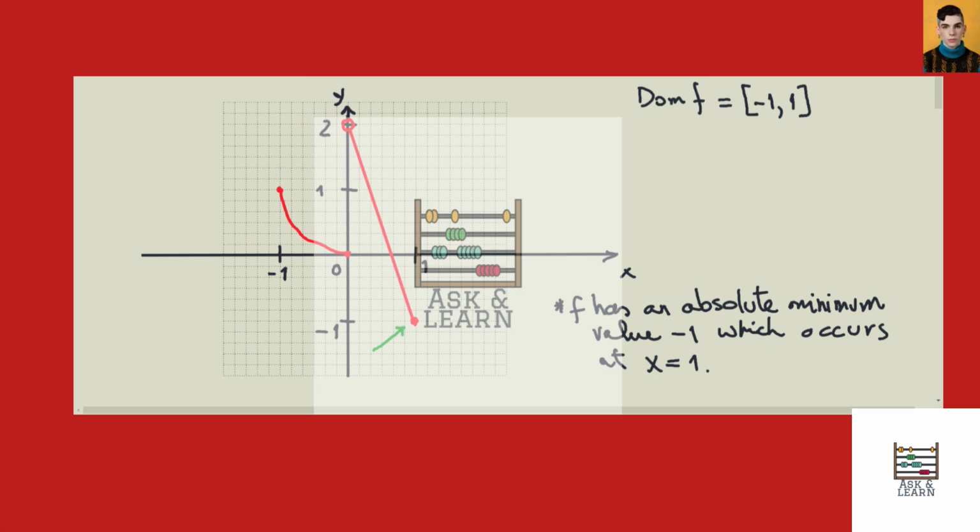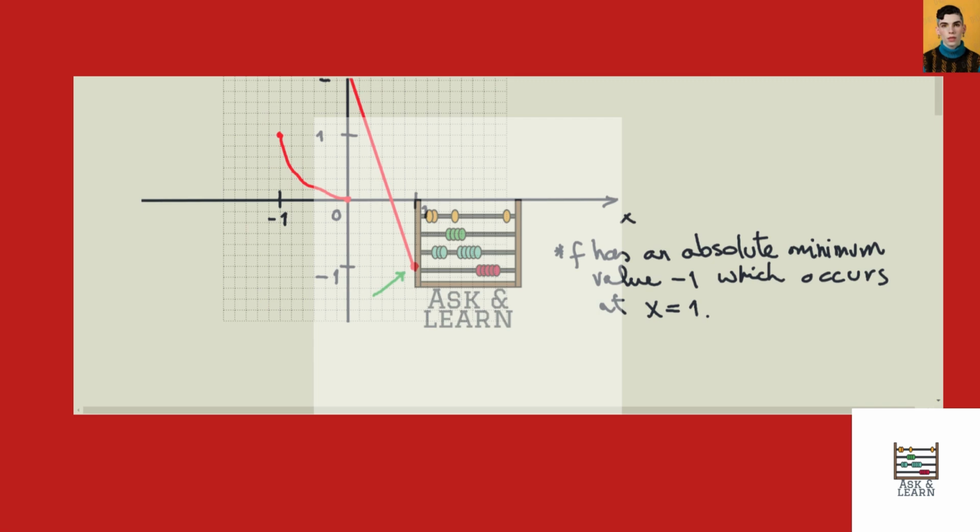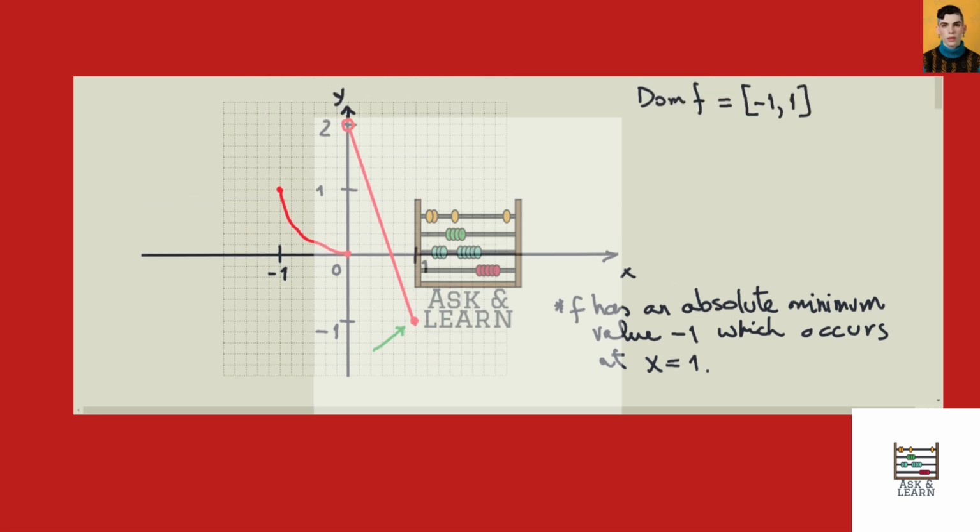Now for the local minimum, in fact, there is one here. We can say that this value here, 0 at 0, is a local minimum because if we take any interval, or at least this interval I drew here, around 0, all the images are greater than the image at 0, which is 0.